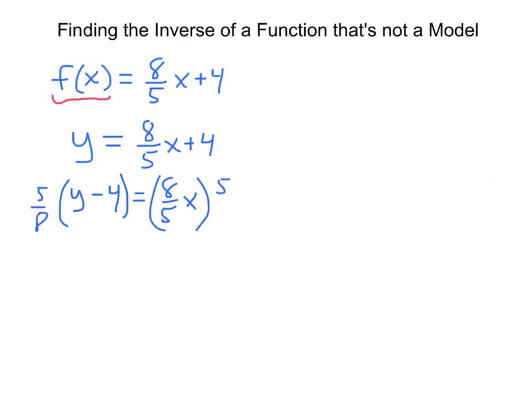So 5/8. Now 8/5 times 5/8 equals 1. So we just get 1x on the right side of the equation. And on the left side we get 5/8 y minus, and then we get 20 over 8, which reduces down to 5/2.